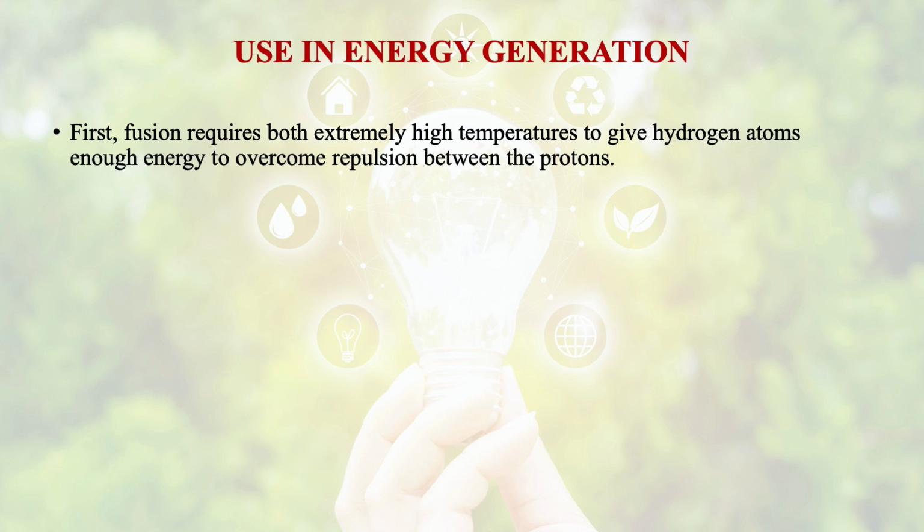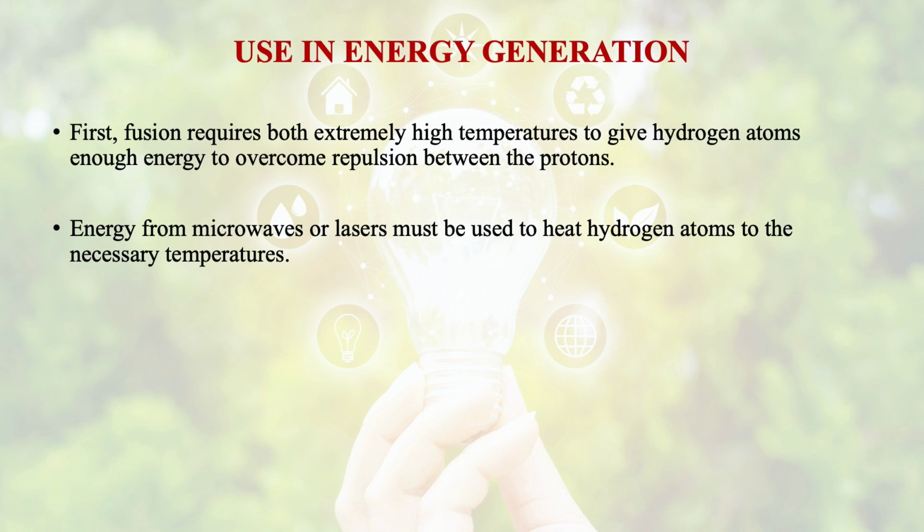First, fusion requires extremely high temperature to give hydrogen atoms enough energy to overcome the repulsion force between the protons. Then energy from microwaves or lasers must be used to heat hydrogen atoms to the necessary temperatures.